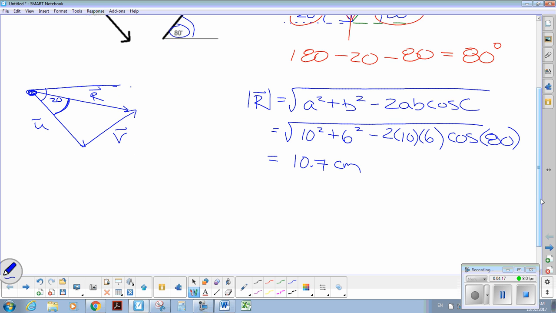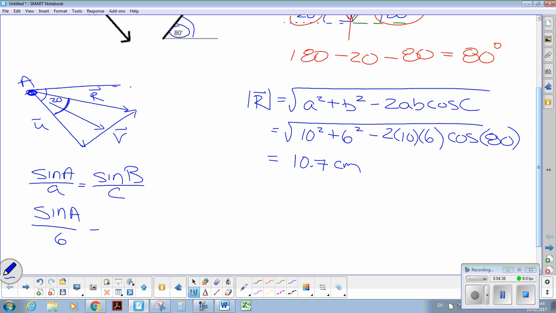For the sine law, I'm looking for an angle. So sine A over a equals sine B over b, or whichever. It doesn't matter to me, your letter convention here. I'm going to look for angle A up in that top corner. I know that side a is the magnitude of my v vector, which was 6.